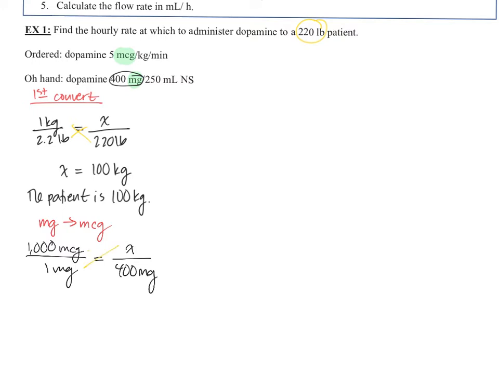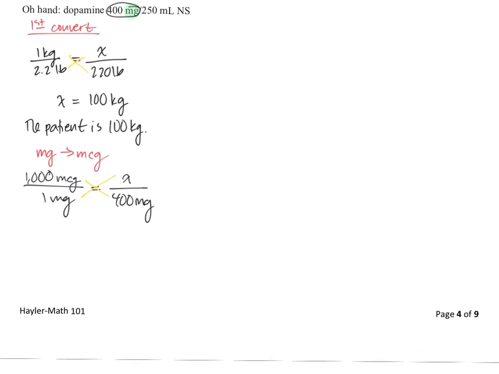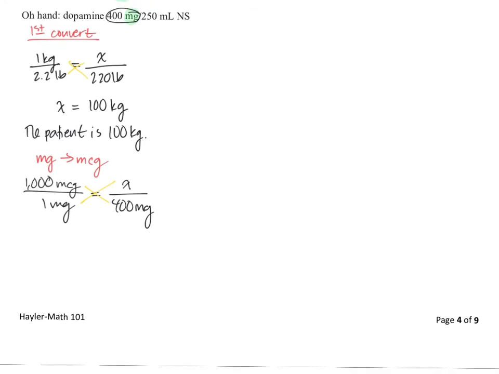Cross multiplying, X equals 400 milligrams times 1,000 micrograms all over 1 milligram. We cancel out the milligrams, and we're left with X equals 400,000 micrograms.